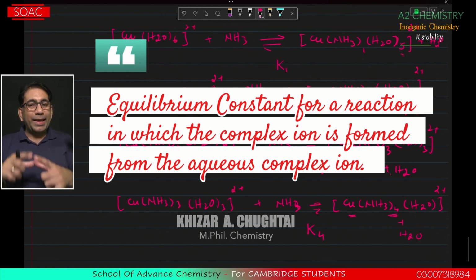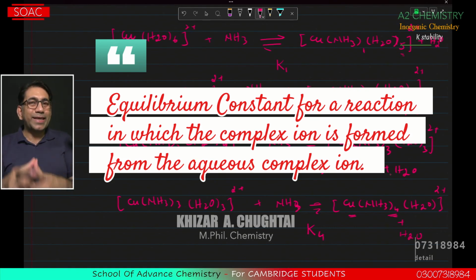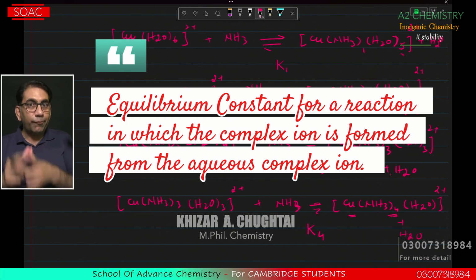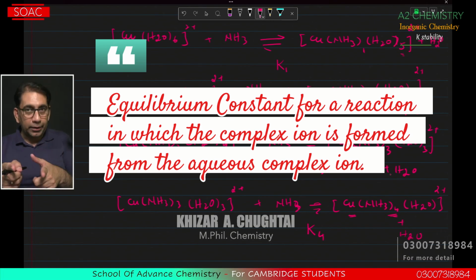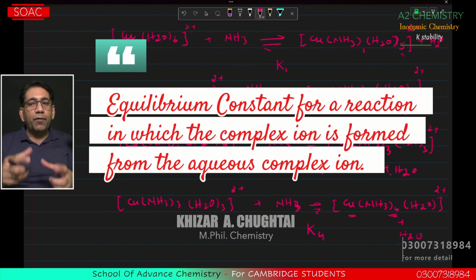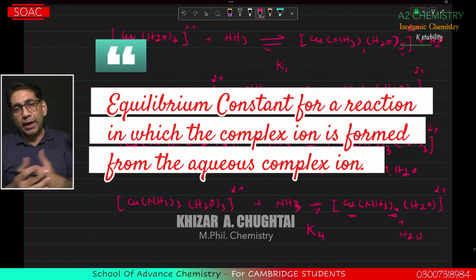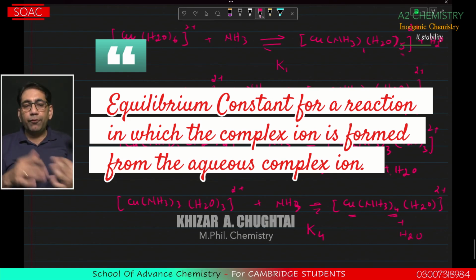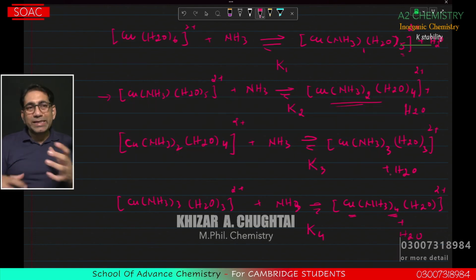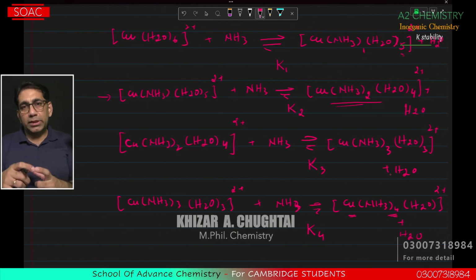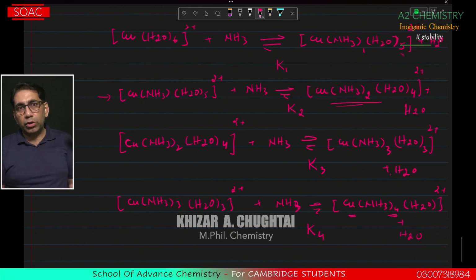Stability constant is an equilibrium constant when a complex ion, this is a specific word, is being formed from its aqueous ion. A new complex ion is being formed starting from its aqueous ion. This is called the stability constant, or Kstab in short.